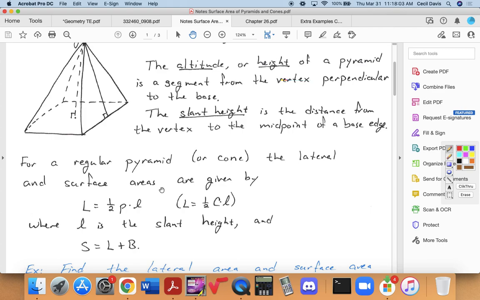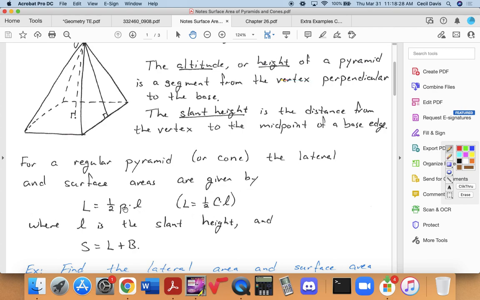Oh, they're together. So this is the slant height. Okay. And the height is in the middle. Okay? All right.